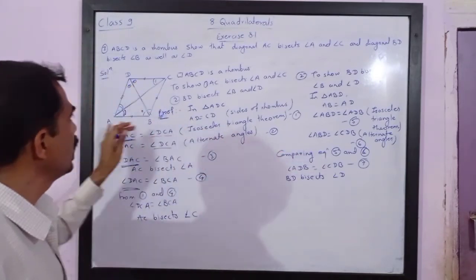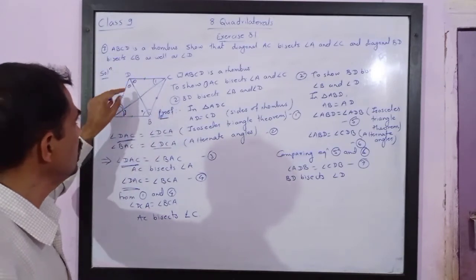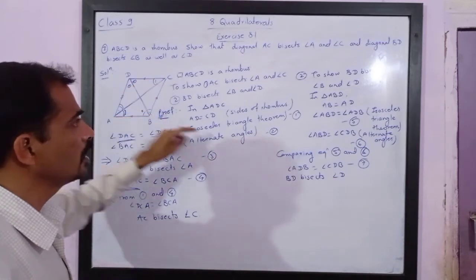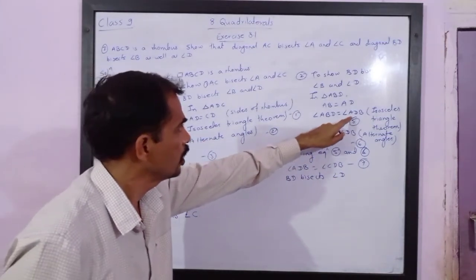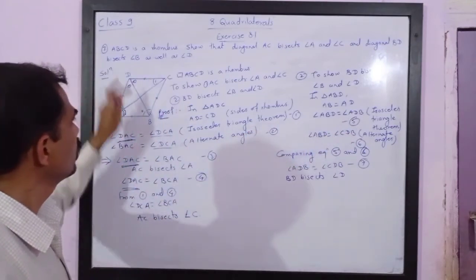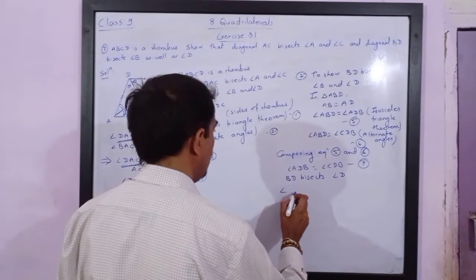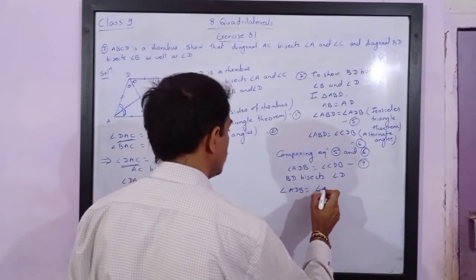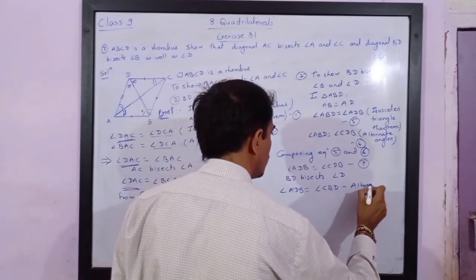Now we have to prove that ABD equals CBD. See, we already said angle ADB equals angle CBD. Reason is alternate angles.